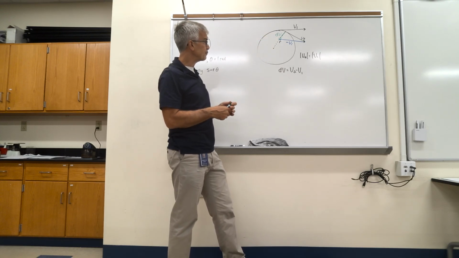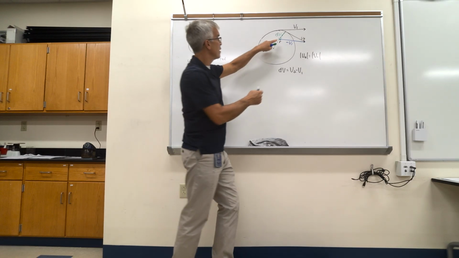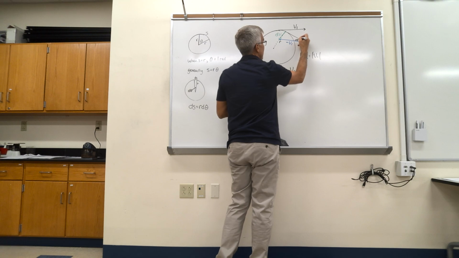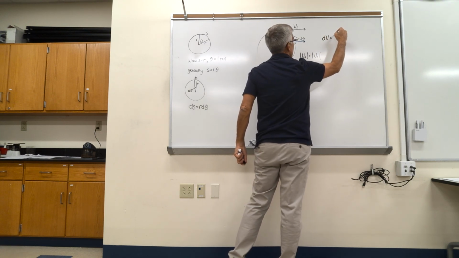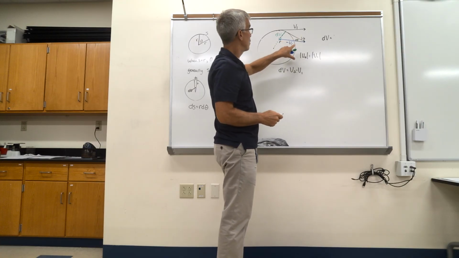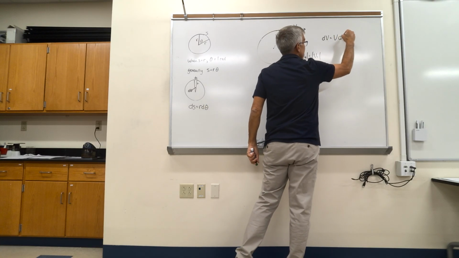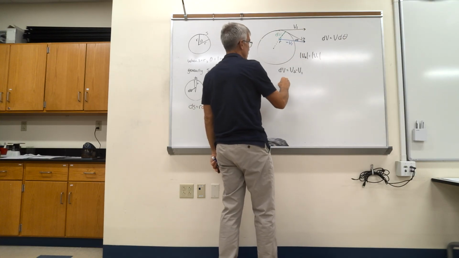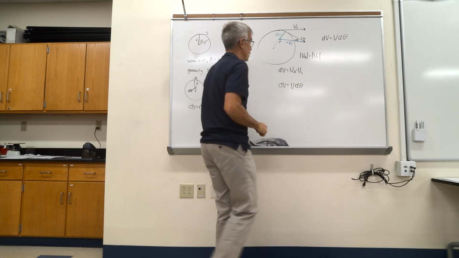Now, this triangle that I drew here has an infinitesimally small angle, d theta. We know that dv is going to equal either v2 d theta or v1 d theta. And since they're the same size, I can just say v d theta. So the change in velocity is v times d theta.